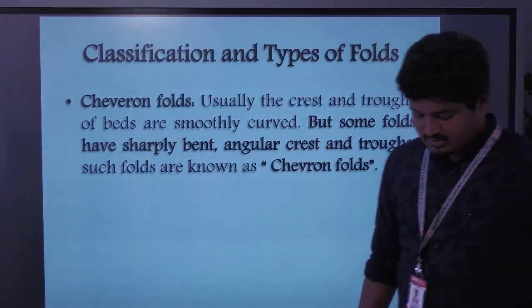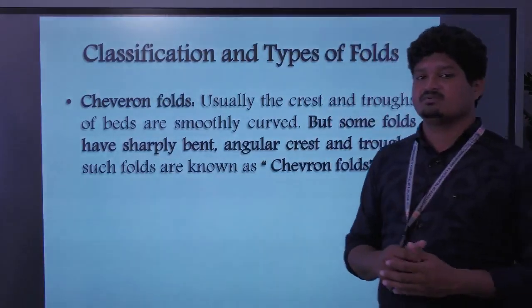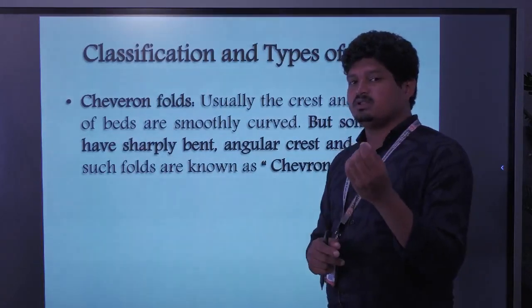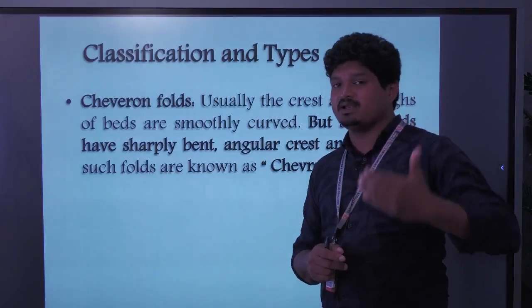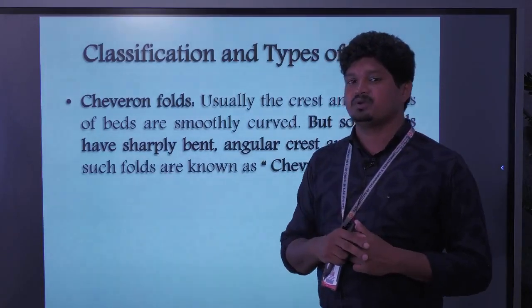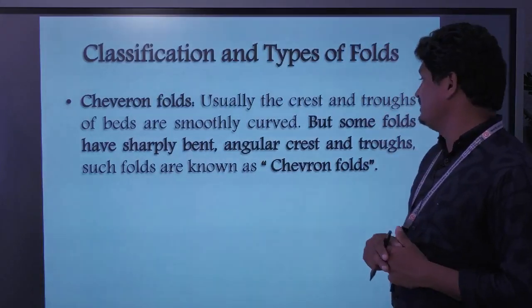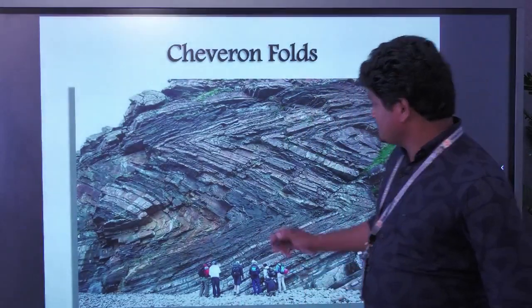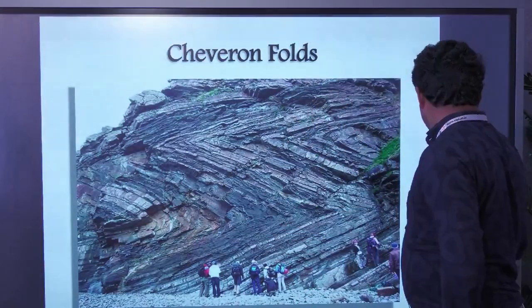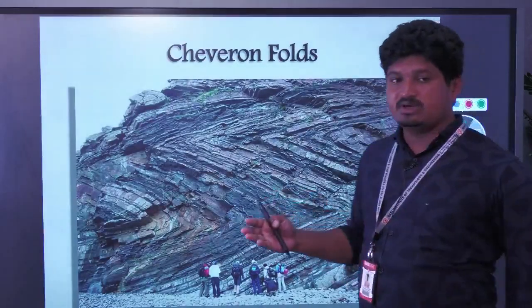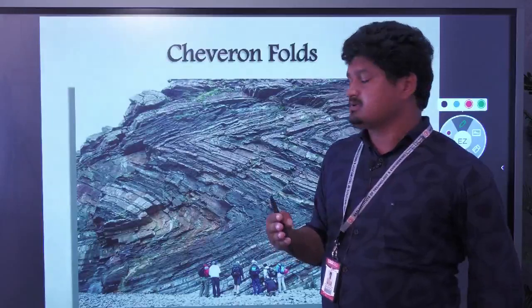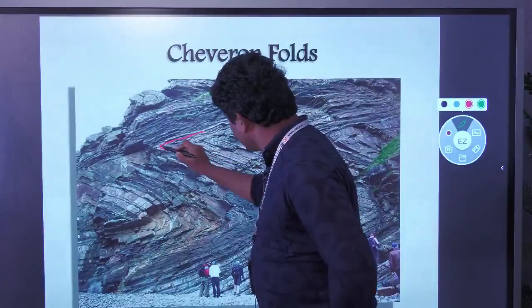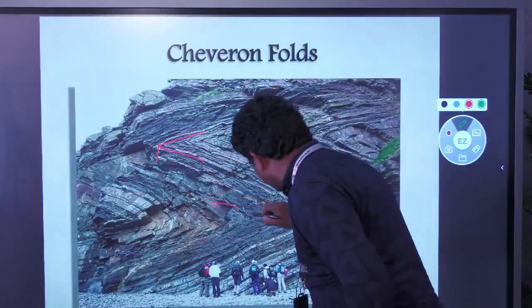And a chevron fold. Frequently we have to see different types of chevron folds. When you observe different types of rocks, the crest and trough are horizontal, and vertically a sharp crest and sharp hinge will be identified.